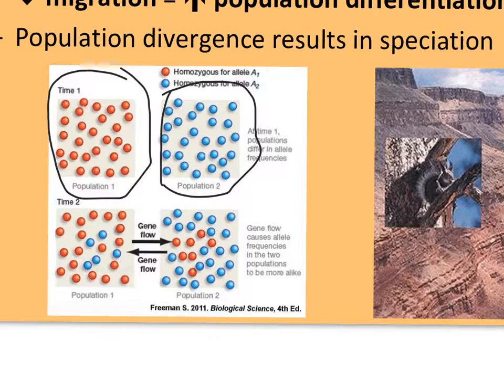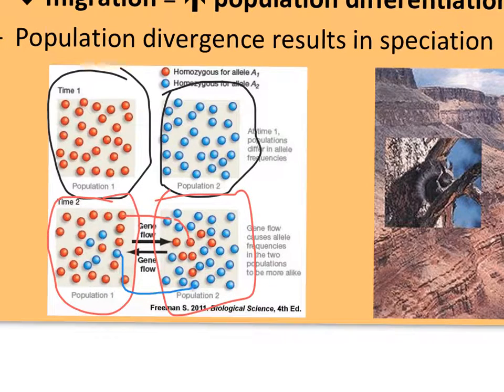Now we're in time 2. And you can see that we've got a red population going over here, and a blue population migrating over here, right?